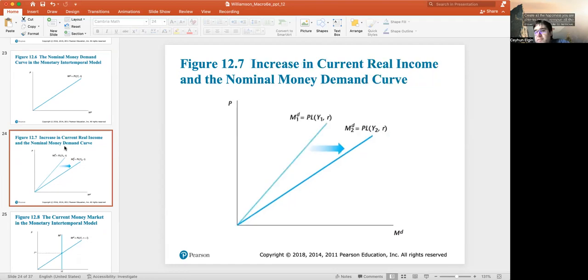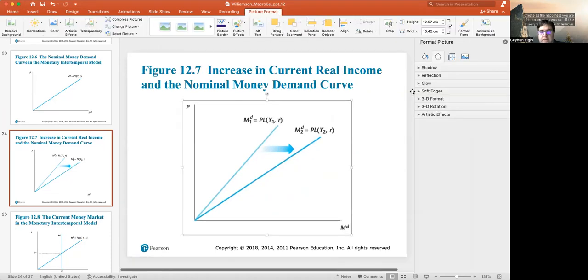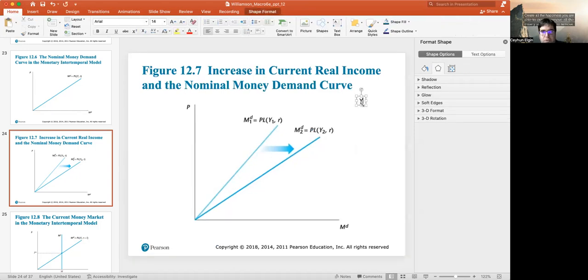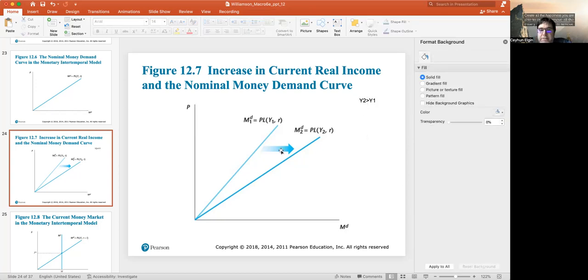And it can shift to right or left, depending on what factor shifts. For example, if Y1 increases, remember, money demand is an increasing function of Y. If Y1 increases to Y2, so here, basically Y2 is larger than Y1, sorry, this rotates, okay?